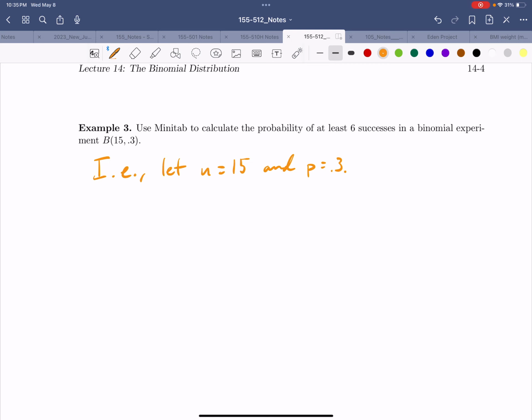At least 6 successes. So the probability of at least 6 successes equals. Now, the way that we have to do this, we have to be a little bit clever. This is 1 minus the probability of, at most, 5 successes.